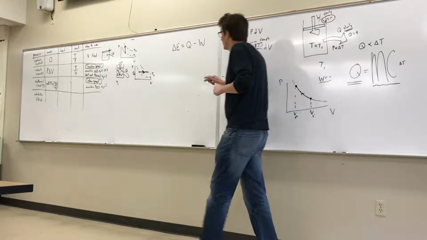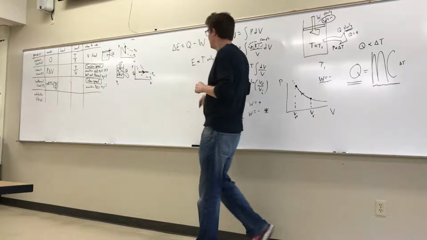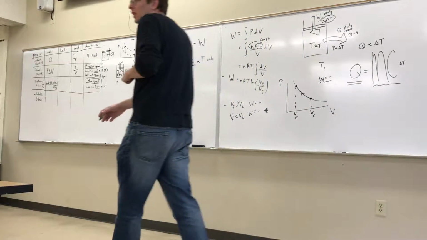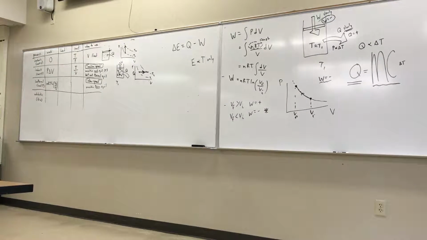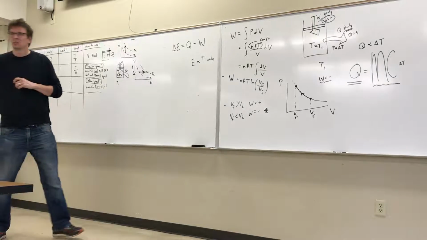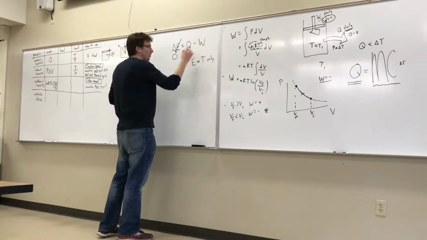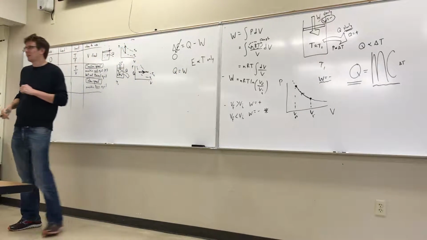And remember that we said that the internal energy is proportional to temperature only. That's the only negotiable property. Internal energy is tied to temperature. Now, how much temperature change have we had here in an isothermal process? Zero. So what's the change in internal energy? Zero. Which means that whatever the work was, the heat's the same thing.